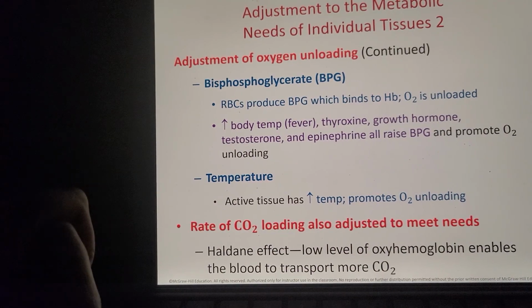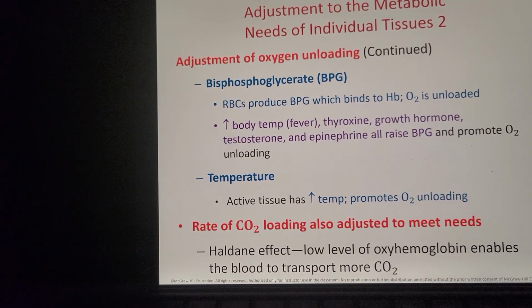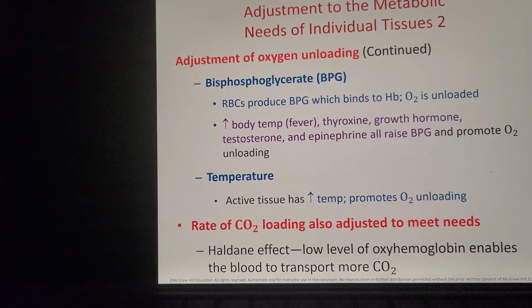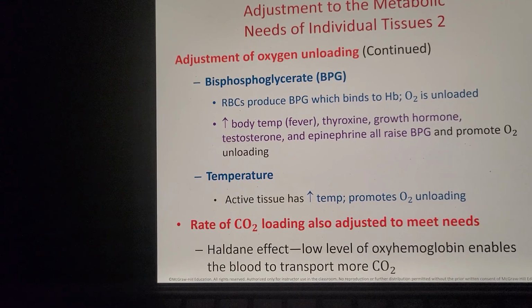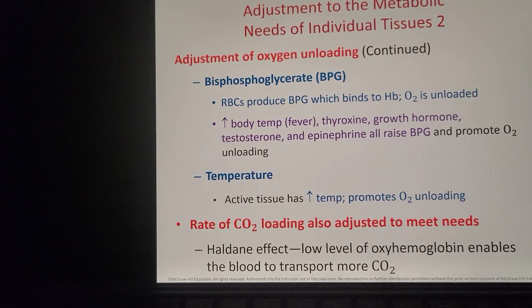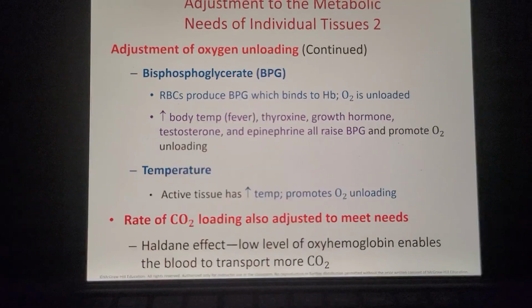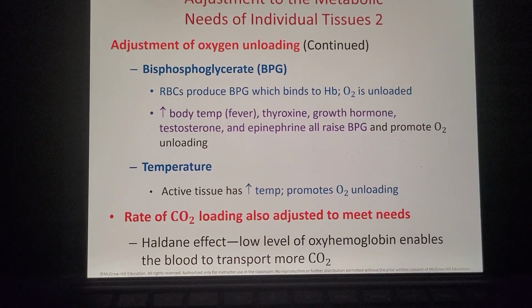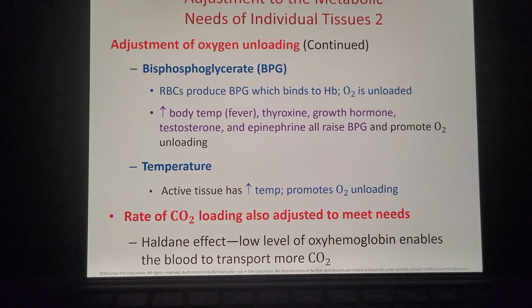Your carbon dioxide exchange is also going to be affected. This is called the Haldane effect. Okay, so for the Haldane effect, we are dropping off even more oxygen than normal.